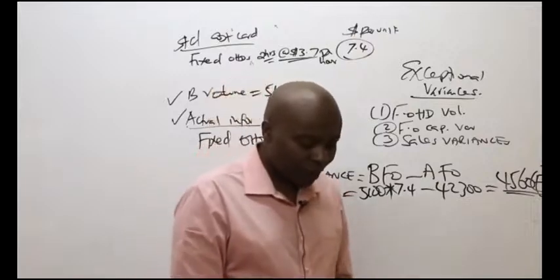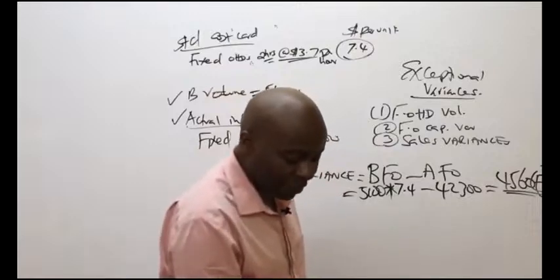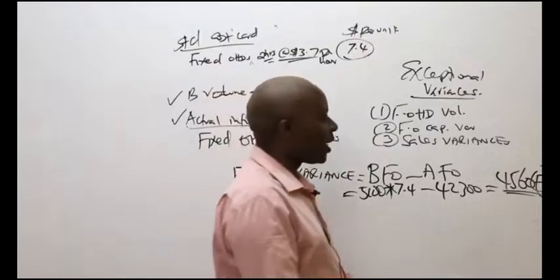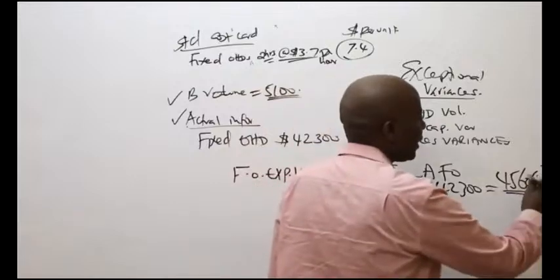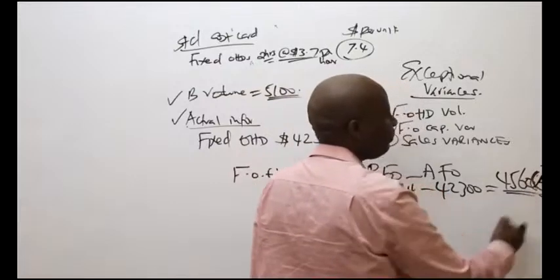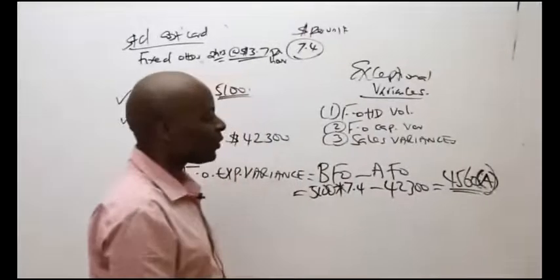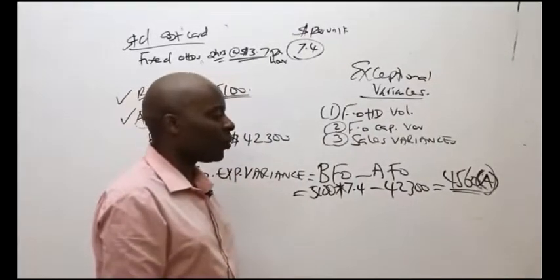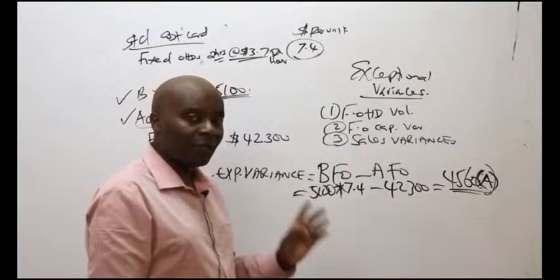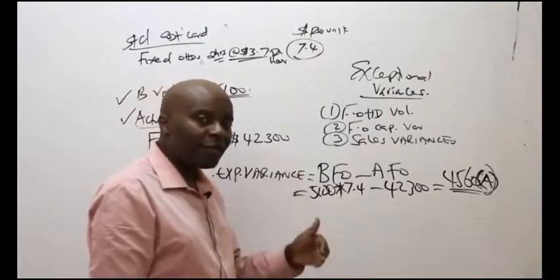So minus 4560 is supposed to be adverse. I think there is something that is still confusing you people. Minus 4560, it's supposed to be 4560 what here? Adverse. If it's a negative, it's adverse.